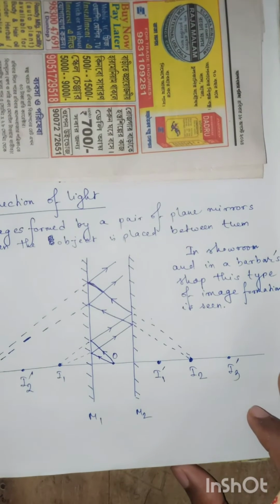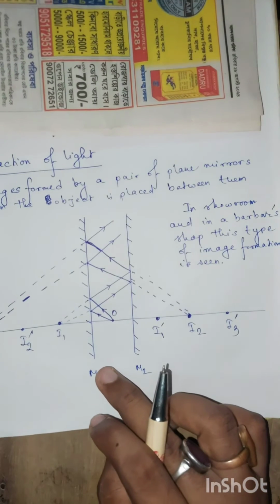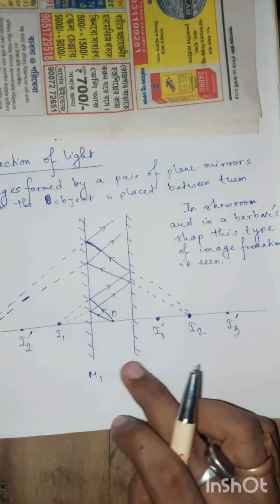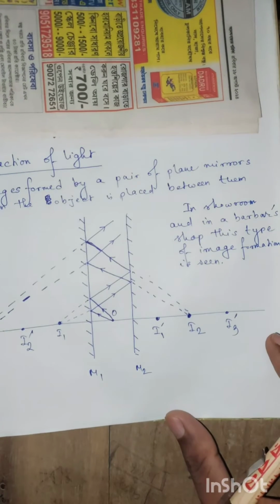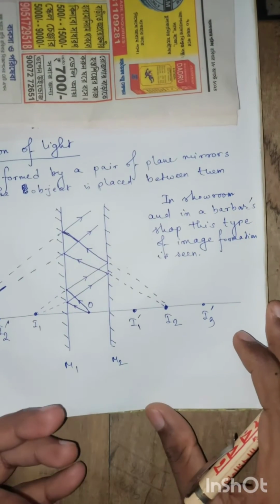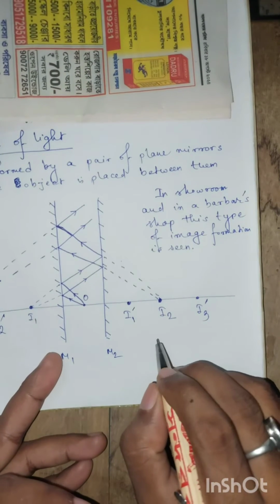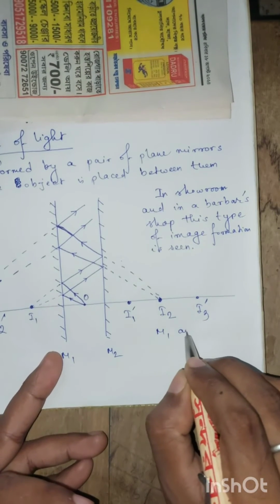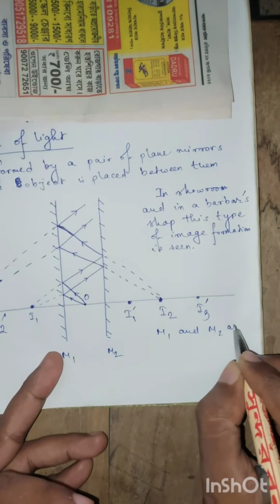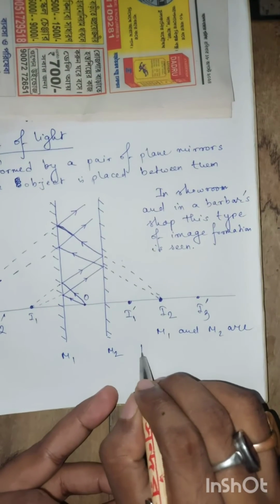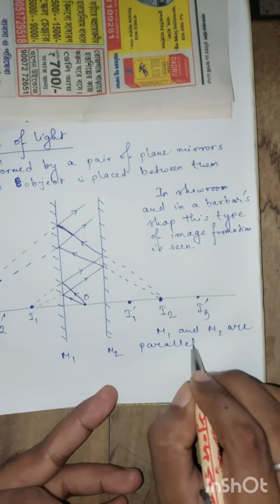Now if we talk about the mathematical representation of this phenomenon, then we can write mirror 1 and mirror 2 are parallel.